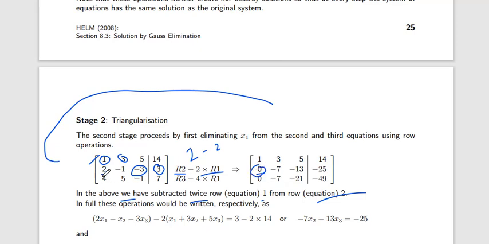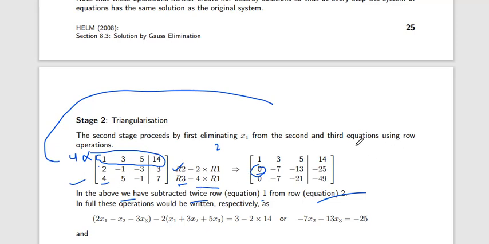Now second, here we also want the value to be 0. So how do we get it? In the first operation, we multiply by 4 and subtract: r3 minus 4r1, same as r2 minus 2r1 and r3 minus 4r1.